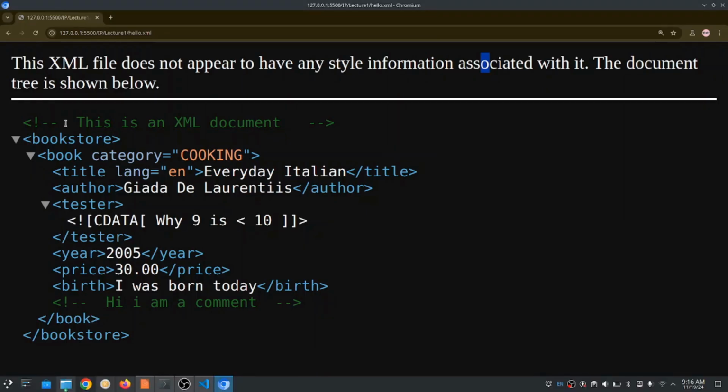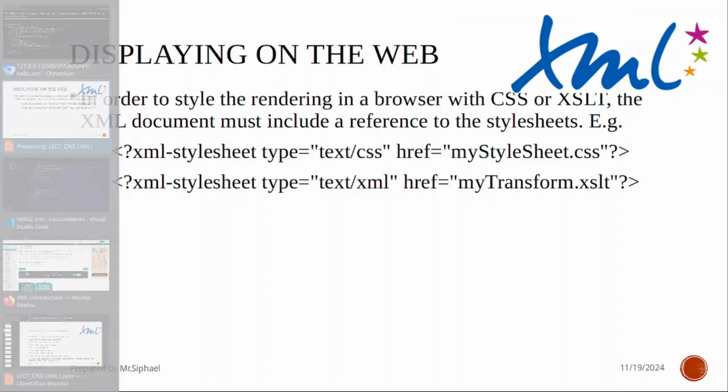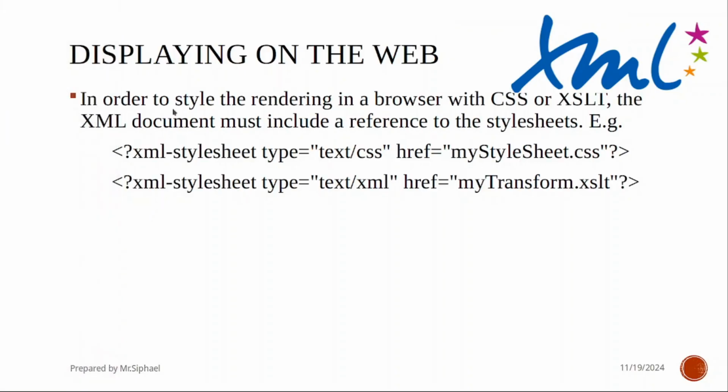For example, you can display this in tabular form, which would be much better compared to displaying it in this manner. In order to style the rendering in a browser with CSS or XSLT, the XML document must include a reference to the style sheet, declared in the processing instruction, xml-stylesheet.